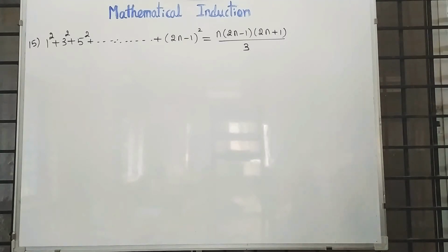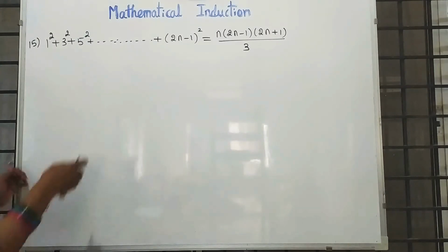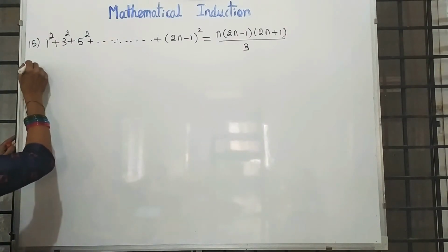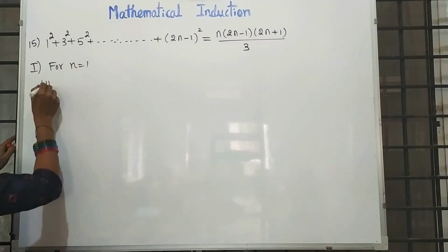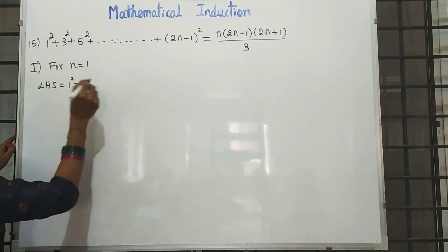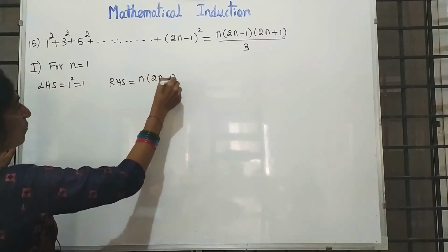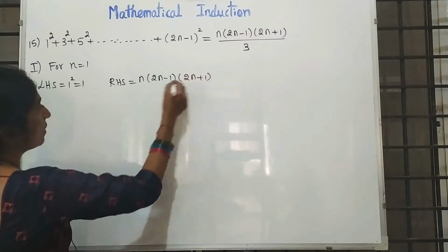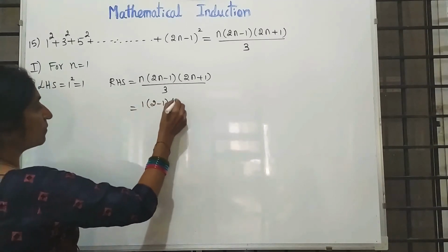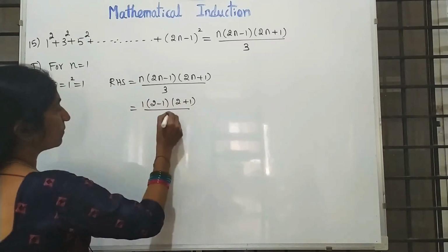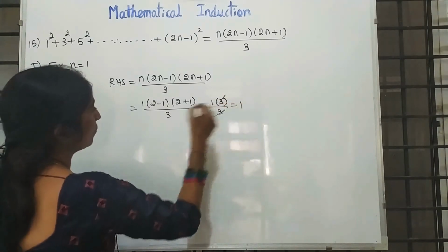See, moving to the next question, the 15th one. 1 square plus 2 square plus 3 square, up to 2n minus 1 whole square is equal to that result. As usual, first step, for n is equal to 1. What is the left side? LHS is 1 square, 1. What about RHS? n into 2n minus 1 into 2n plus 1 divided by 3. N is replaced by 1. It is 1 into 3 divided by 3. 3 gets cancelled, 1.